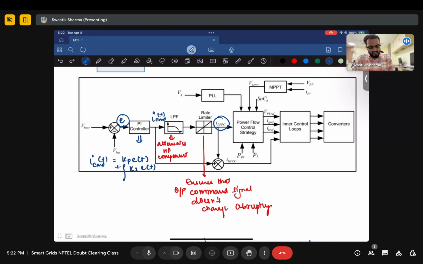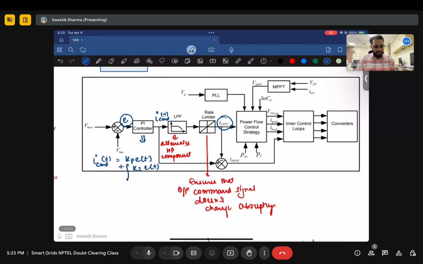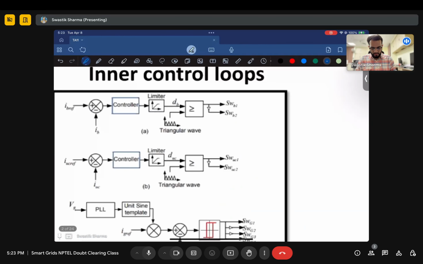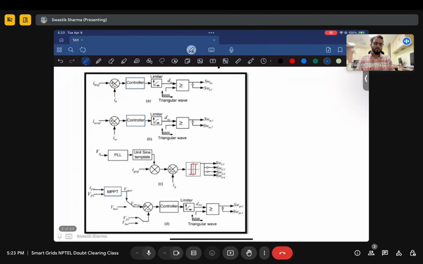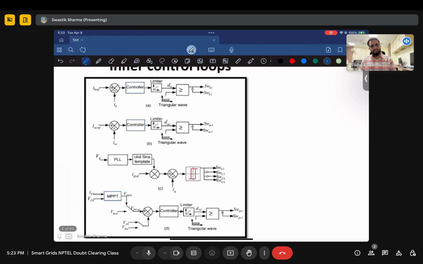Now, when we are giving the reference signals, we need to ensure that the individual devices behave to match the reference voltage or current signals being generated. And how do they do it? It's by changing the duty cycle, and that is what we are going to talk about right now. So these are the inner control loops, the second stage of the control scheme. The outer scheme was managing the bus voltage to be closer to the reference voltage. Now the inner control scheme manages, for the reference signal received from the power flow control strategy, how the individual components need to behave.